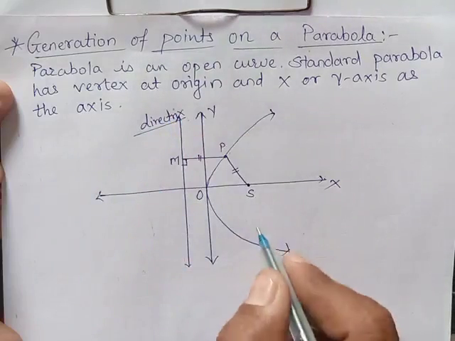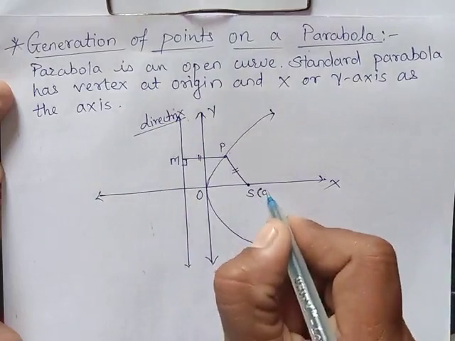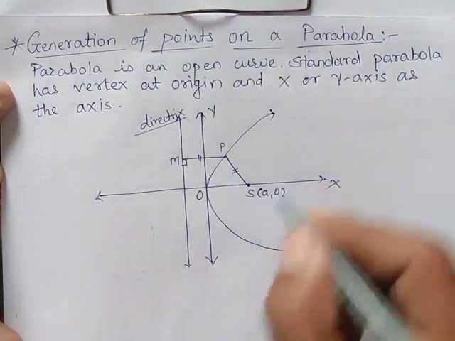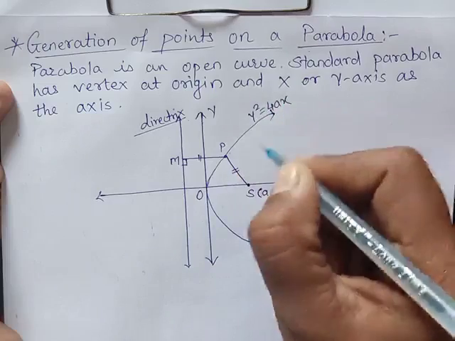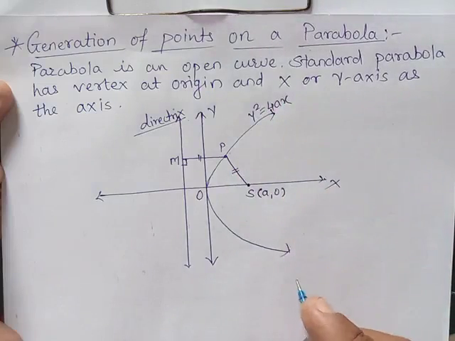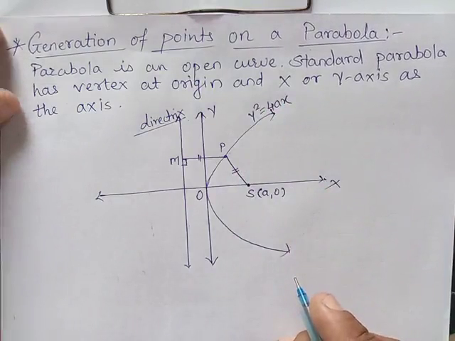Here the focus has coordinates (a, 0), then this will be y square equal to 4ax, as it is symmetric to the x axis. This parabola is y square equal to 4ax.